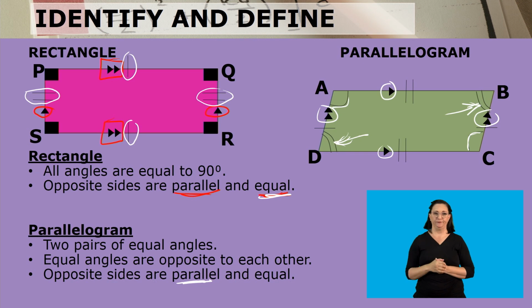And then we look at the fact that they are also equal, and we're looking at those markings. There are two double lines there and a double line there, which shows that those sides are equal. And here we have a single line on this side and a single line on the opposite side. So those sides are also equal to one another.